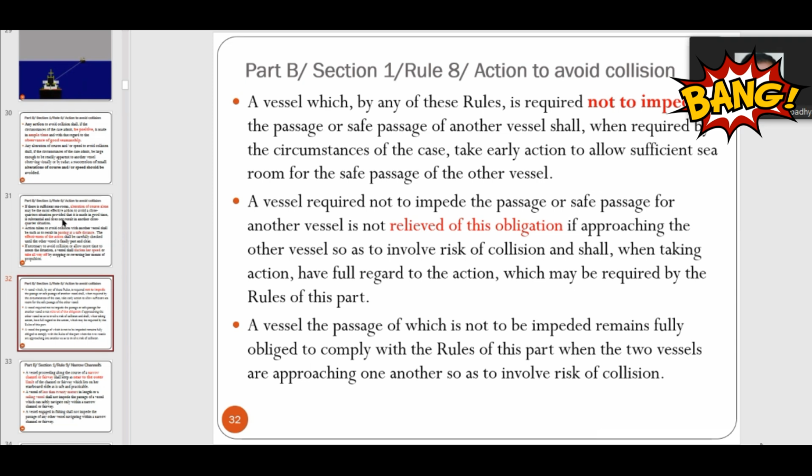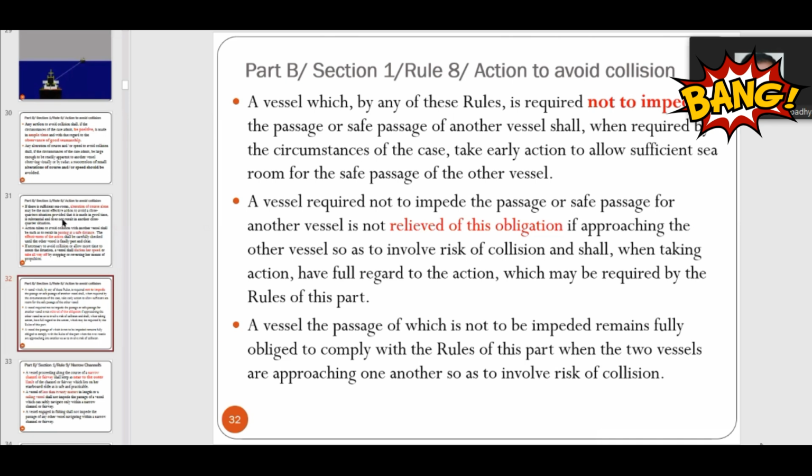In such a case, the other vessel, which is the stand-on vessel, has to take action. Now, she will take such action which will not impede the passage or the safe passage of that vessel.